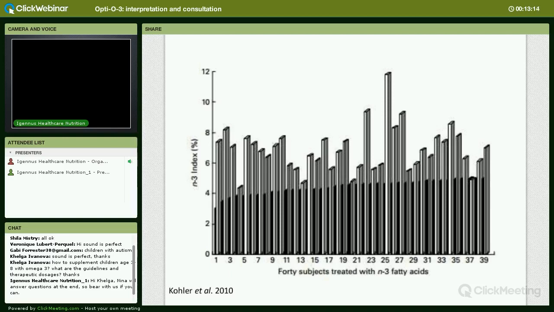And this is the whole focus of the Opti-O-3 really, and the integration with the Restore and Maintain is to optimize the effectiveness of treatment protocols for clients.